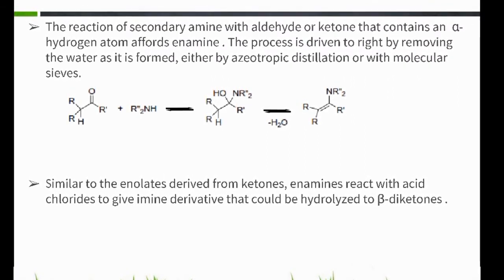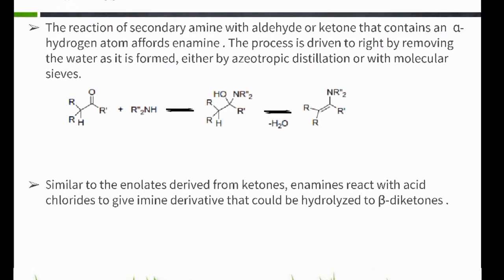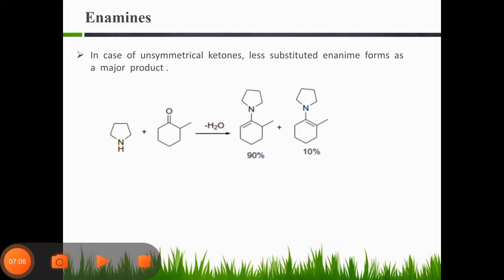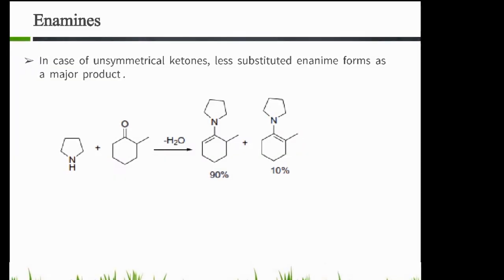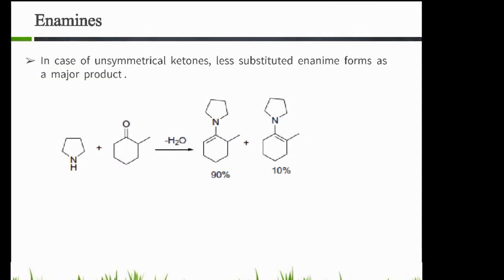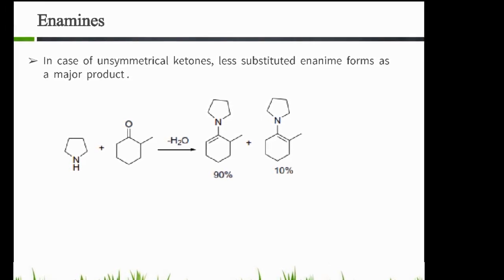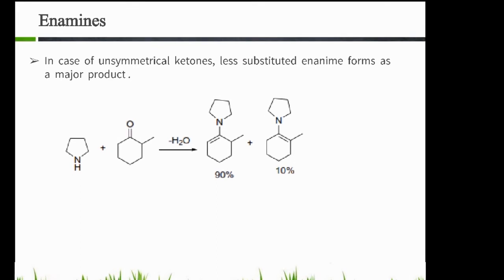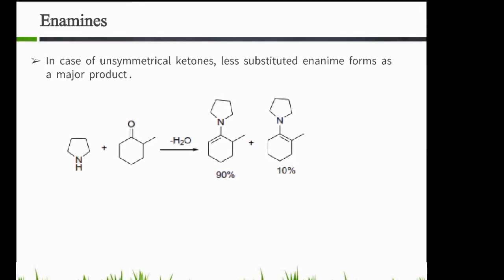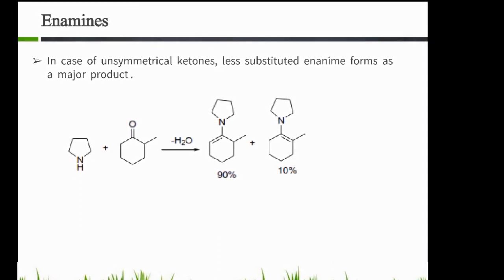The enamines operate through imines, and in the case of an unsymmetrical ketone, there are two options for the formation of enamines, right side or left side. So here there is an example. Here two enamines are getting formed. Out of these, the most stable one, the less substituted enamine, is the major product.